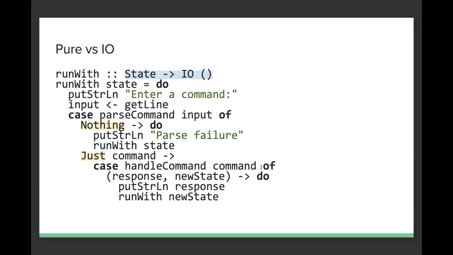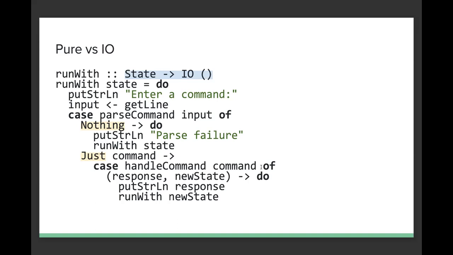Now, what's good about this approach is that in our handlers, we don't have to do these recursive calls. We just process a single command, do whatever we want, and that's it. And all the recursive calls and handling the state and everything else, and even parsing, is all within this run with function.